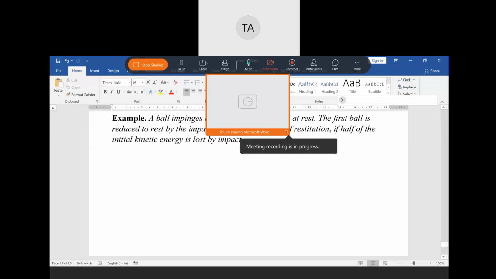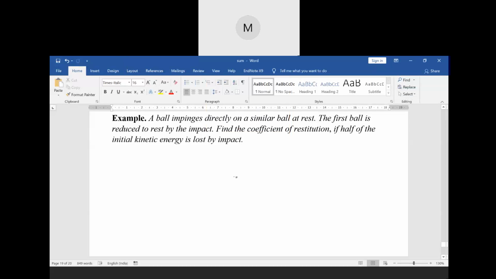Can you all see the screen? No, we can see nothing. Now? No. Yes, now we can see.